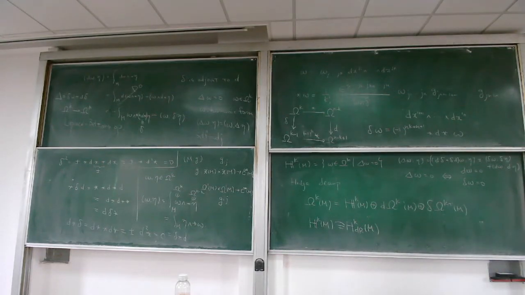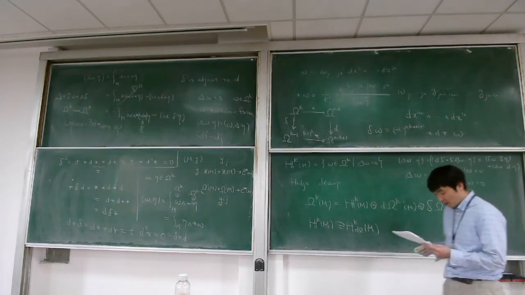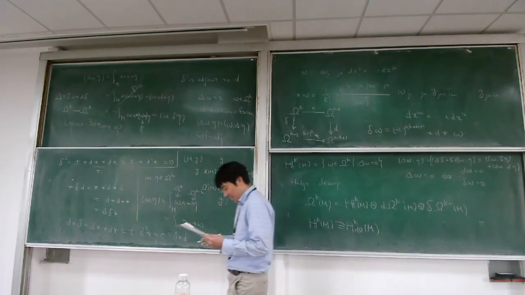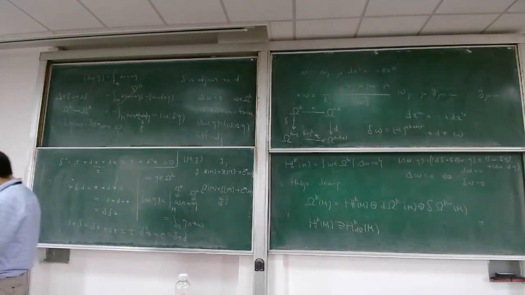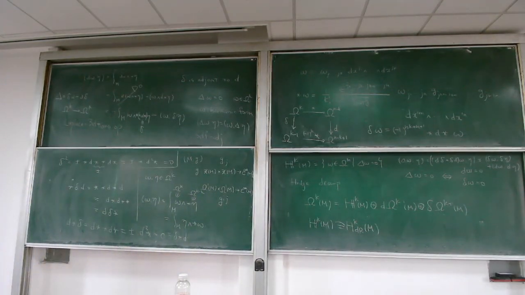So that's what Hodge tells us. Okay, so it's a deep theorem. You need a really advanced technique in analysis. When I was a student, I read this book, and I already forgot everything, so I cannot tell. Yeah, but it's a wonderful book. Anyway.